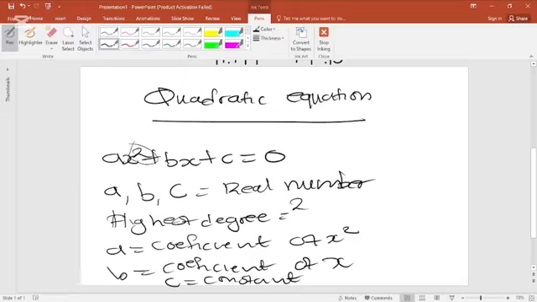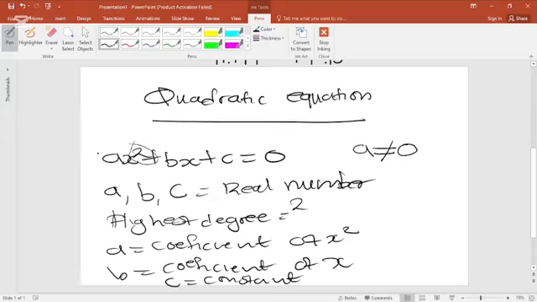Very important to know that. The other thing we're supposed to know also is that A must not be equal to 0. As we said, A, B, C are real numbers, and A is not supposed to be equal to 0. Very important to know that.